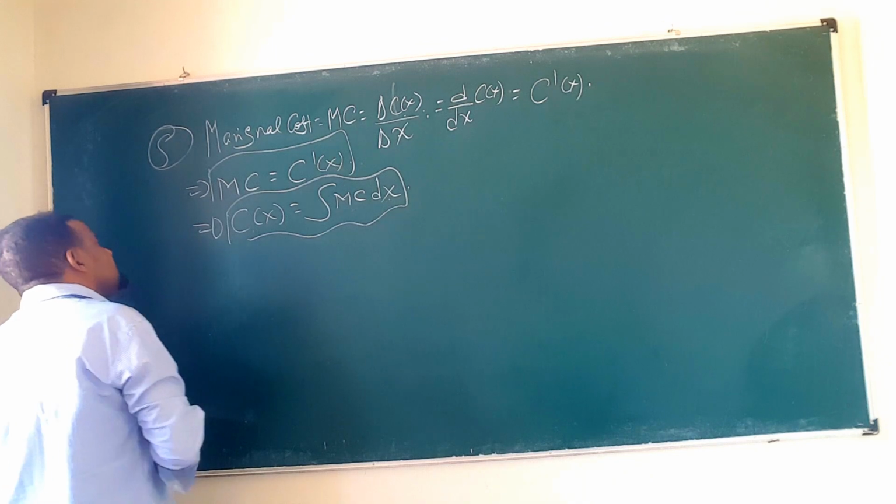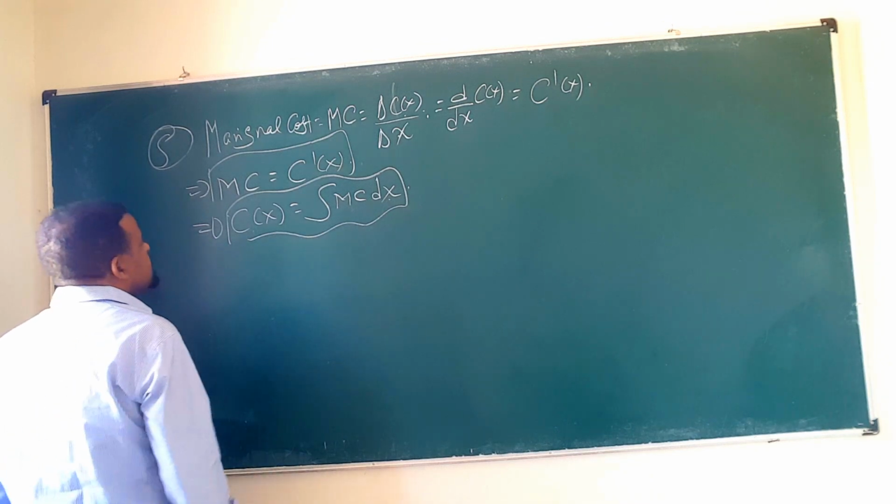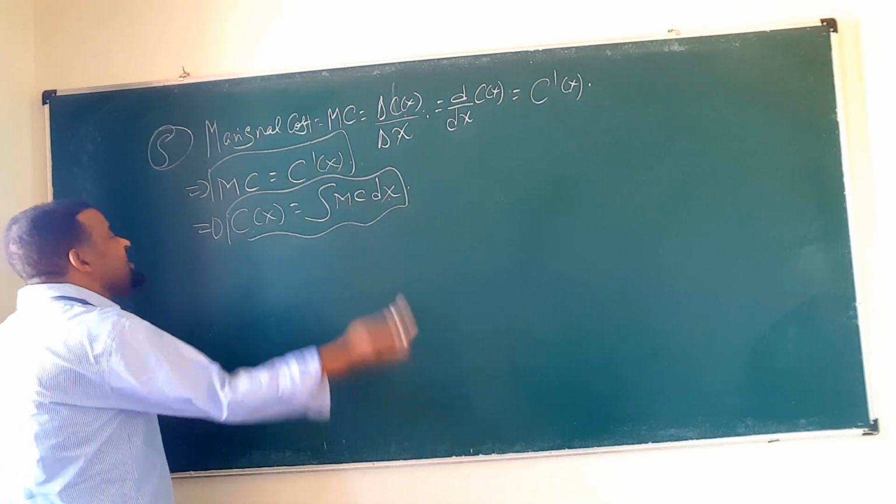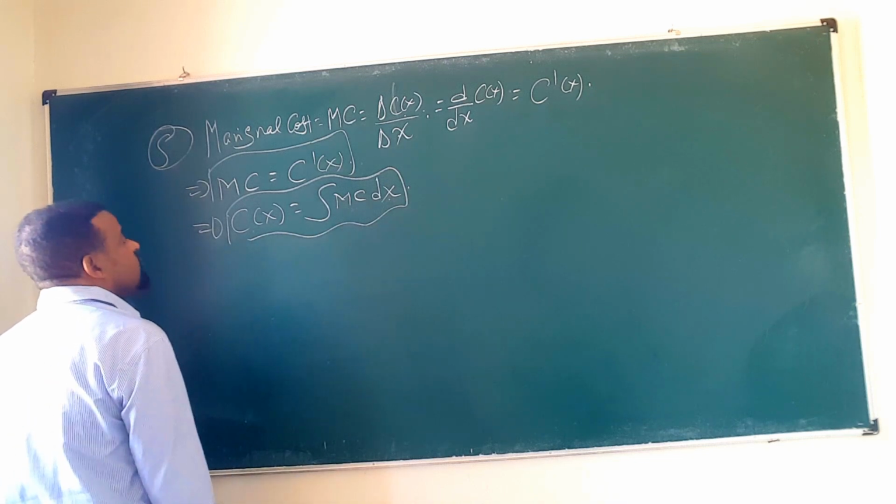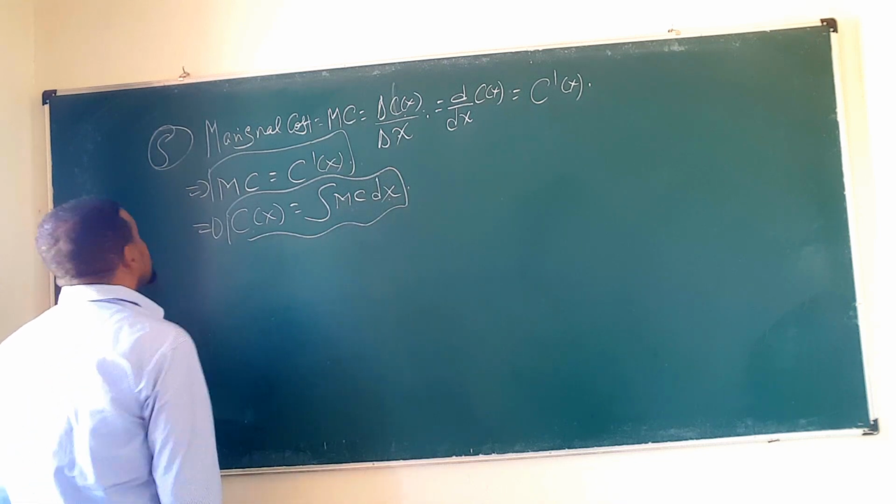So marginal cost is the derivative of the total cost, and total cost is the integral of the marginal cost, as a function of x, with respect to x.